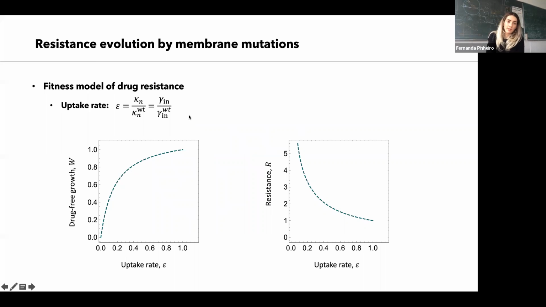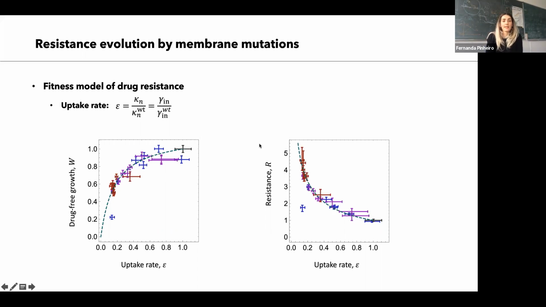So if this is true, then with this uptake parameter that relates these two phenotypes, we should be able to describe how the drug-free growth rate depends on this uptake parameter, and how the resistance depends on this uptake parameter. So these two lines would give the predictions of our theory, and when you check it against the data, we see that it has very good agreement.